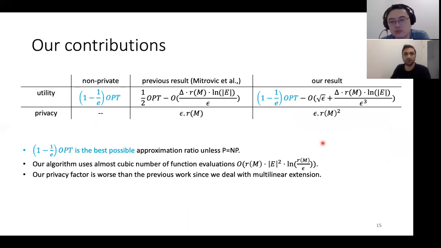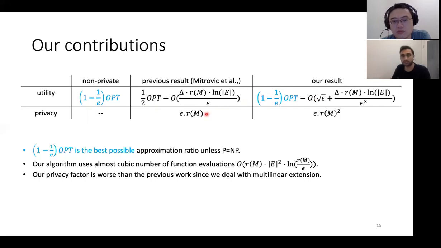So what do we do? What are our contributions? In the non-private setting, there is a 1 minus 1 over E approximation ratio. And in the private setting, the previous result due to Mitrovic et al. is half of optimal minus some additive error. We improved this approximation ratio to 1 minus 1 over E times the optimal minus some additive error, which is worse than the additive error of Mitrovic et al.